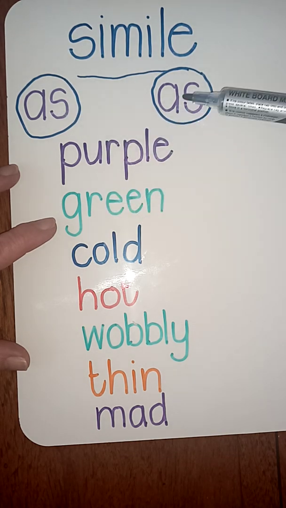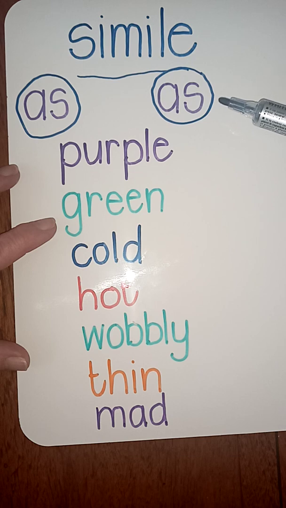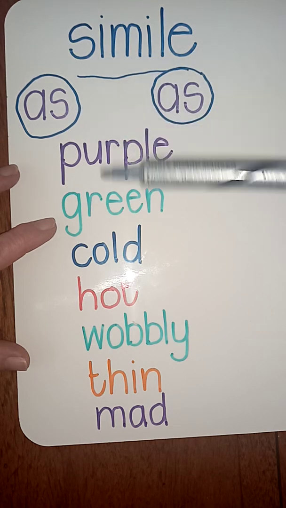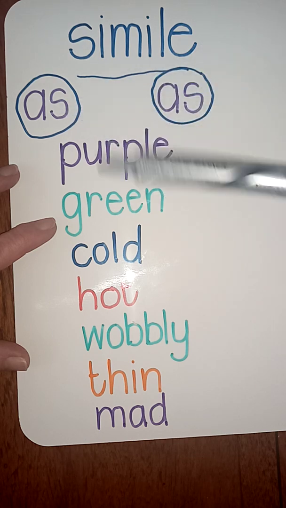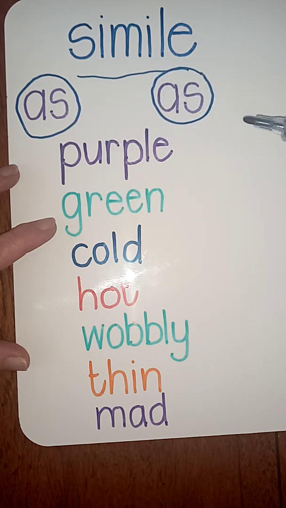Right. As green as, what is always green when you think? Right, so you could have maybe said as green as the spring leaves on a tree. As green as my dad's car, if your dad's car is green.